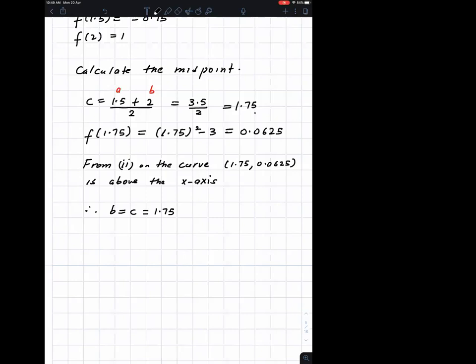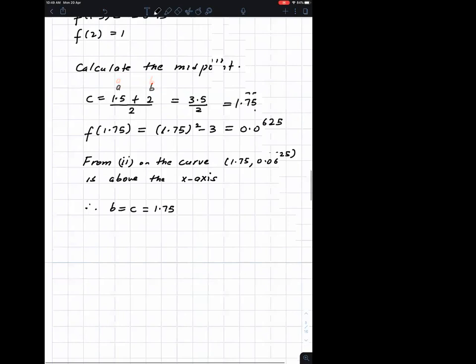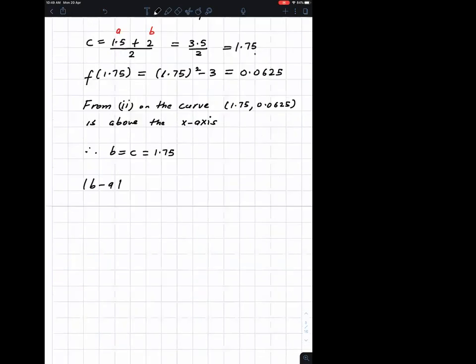And the interval, the absolute value, we have to keep checking this. The absolute value of B minus A is 1.75 minus 1.5, which is equal to 0.25. See the interval B minus A is becoming smaller and smaller.